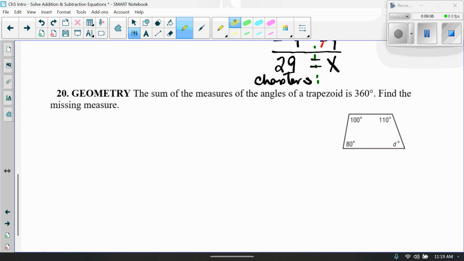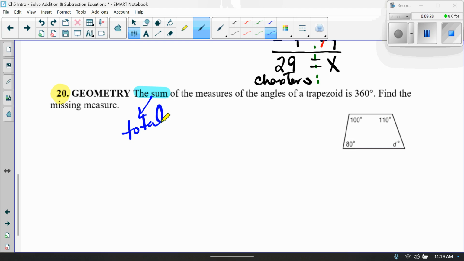All right, so we're going to talk about number 20. So number 20 says the sum of the measures of the angles of a trapezoid is 360, right? What does sum mean, you guys? That's the total, right? That means we're adding them all together, right? So the sum means the total. We're going to add those all together, right?